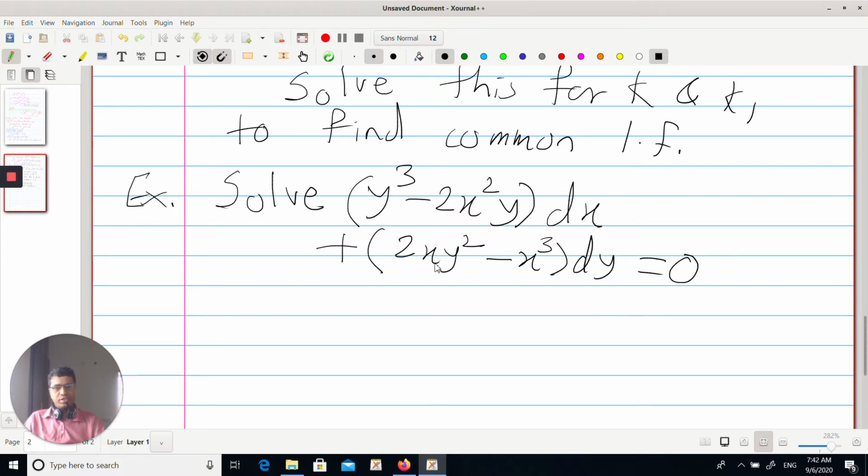We rearrange this equation. So we take the first terms together.